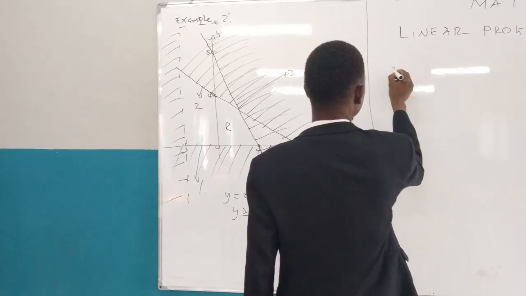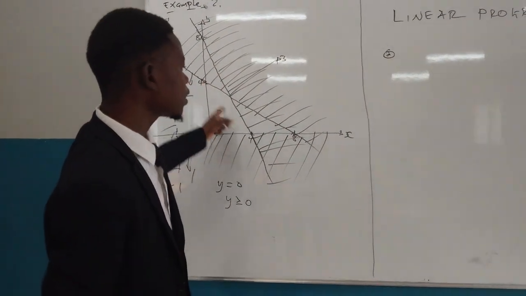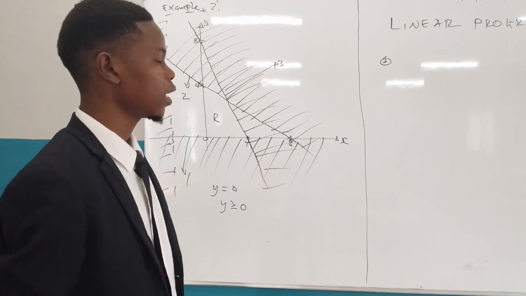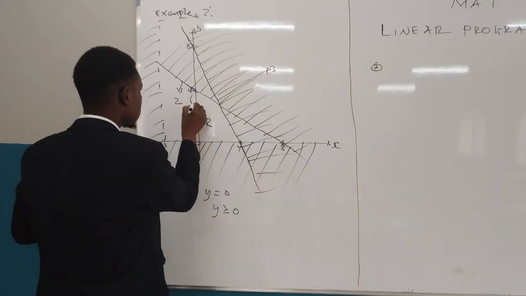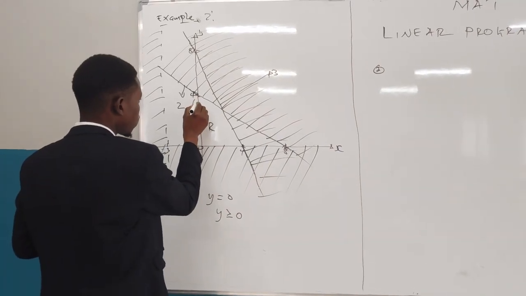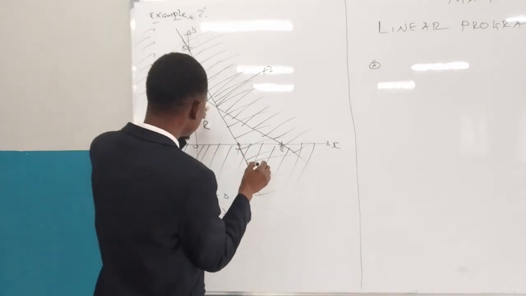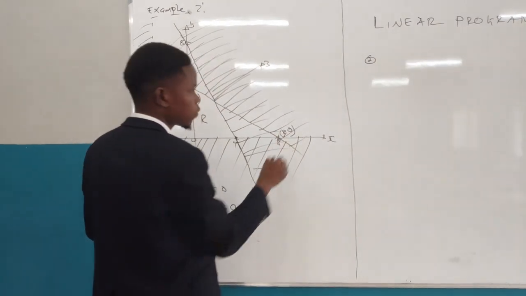Let's go to inequality number 2. As you can see, it is also a linear inequality. So we have 2 points, 2 coordinates. Our x is 0, our y is 4, and here our x is 8, our y is 0.